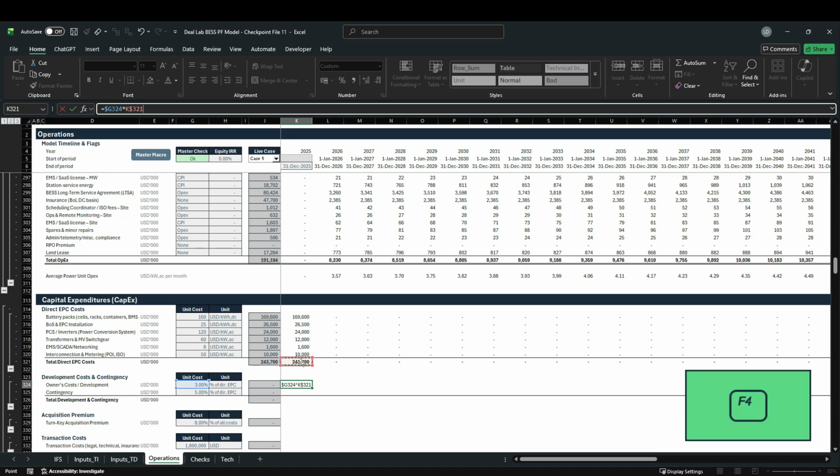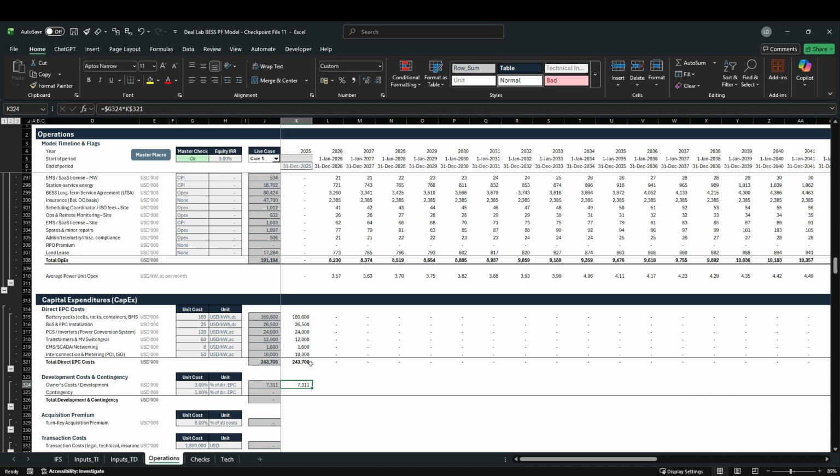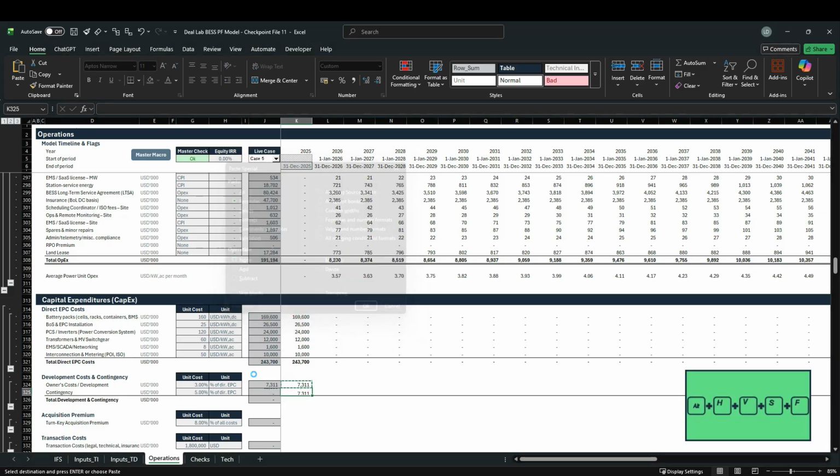Hit F4 2 times, enter. And here we do not have to link to our financial close flag because we have already done so for our direct EPC costs, which is why we only pick up a value here if we actually have total direct EPC costs. Let's copy this formula, paste it special here, Alt HVSF, so we don't mess up our formatting.